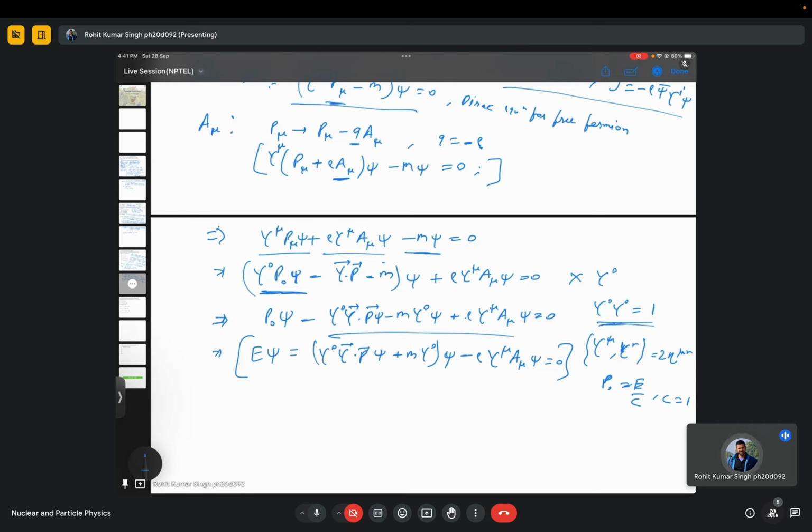And let's compare it to the Schrodinger equation. We know that the Schrodinger equation is given by this expression. Now comparing this with this, we see that this is equal to H naught and this is the potential V. So for example, here we have H naught and here we have V, and so we have found a potential.